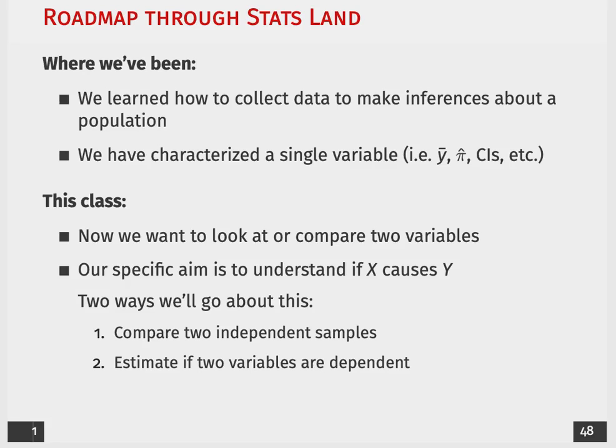The second way is that we can also estimate whether these two variables are dependent if we know that the data is coming from some sort of observational collection rather than a randomly assigned treatment. This is going to require us to learn how to do a chi-square test of independence, and we're going to focus on what exactly standardized residuals are. Essentially, this is the first introduction we'll have to squared errors, and how that connects to regression analysis more generally.